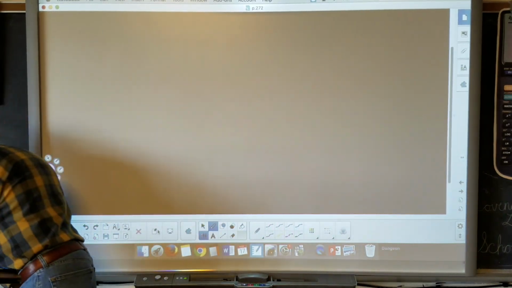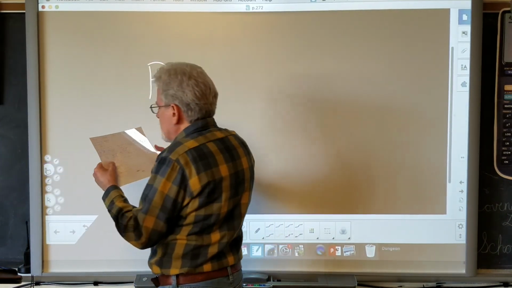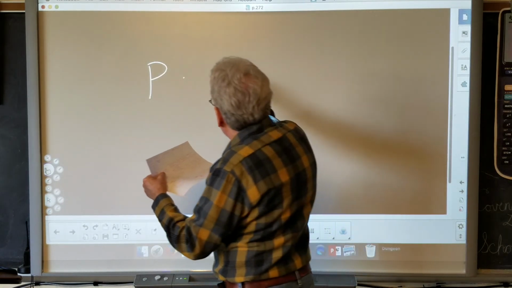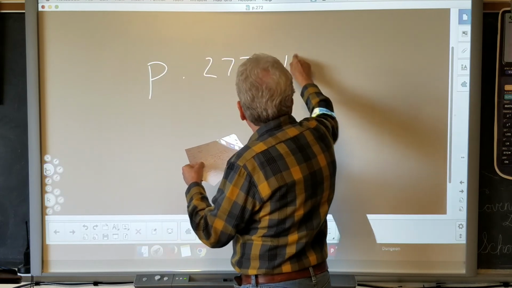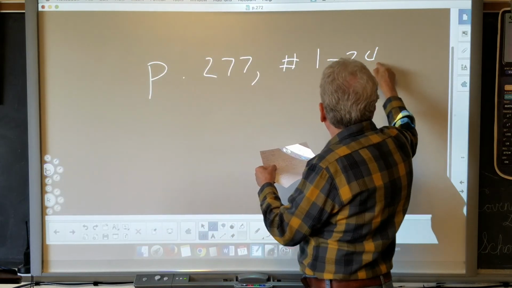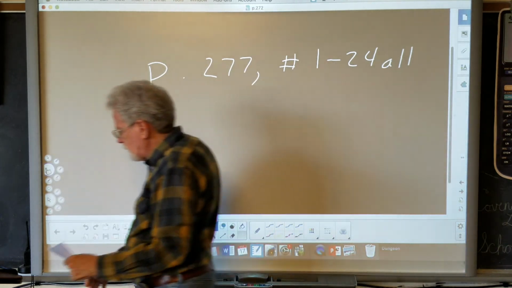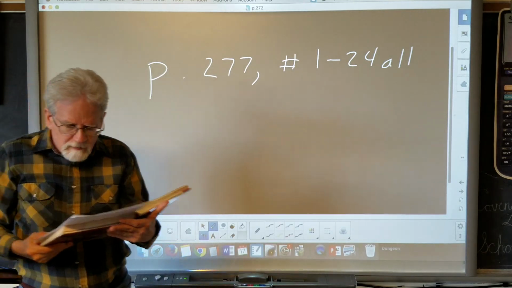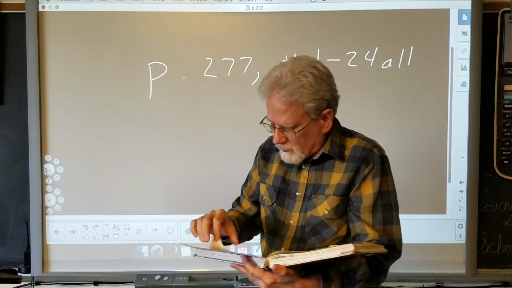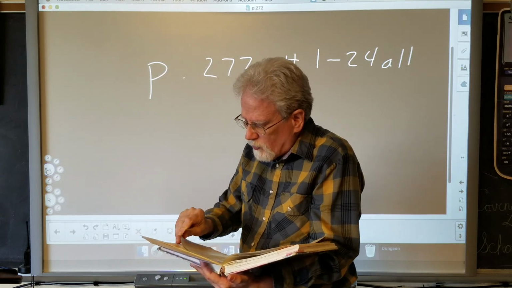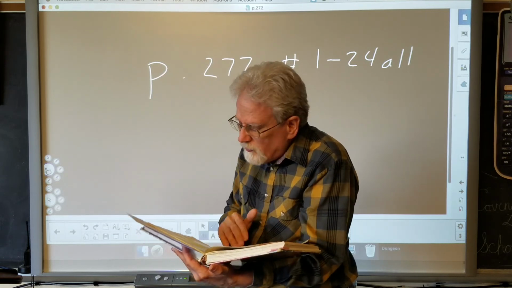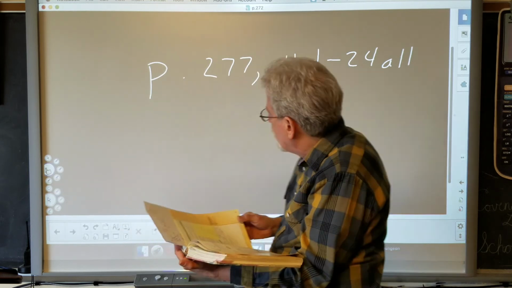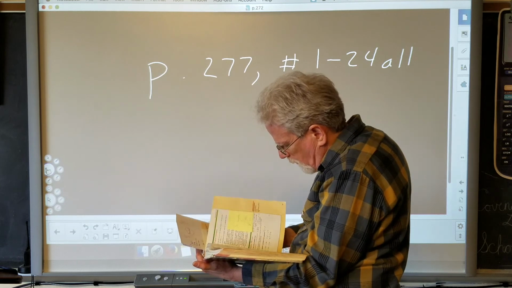The assignment is page 277, numbers 1 through 24 all. I'm going to peek in the book and make absolutely certain that that is the correct assignment, because yesterday I messed up on some of the algebra assignments, and I don't want to have any more mess-ups here. 277, that is the correct page, bottom of the page, numbers 1 through 24 all.